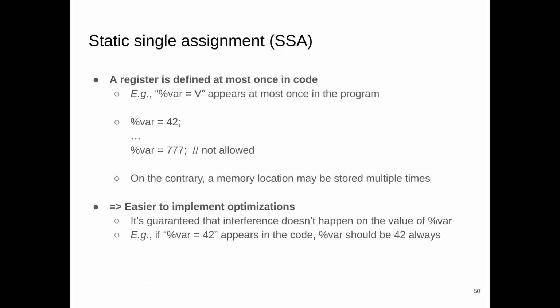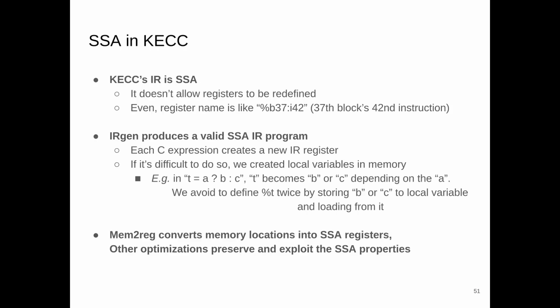This property not only eases the implementation of constant propagation, but also that of other optimizations. We are going to discuss the other optimizations in a later video of this lecture. That's the reason why SSA is generally preferred in compiler implementation, and that's the reason why in KECC, our compiler, we use SSA in the IR.